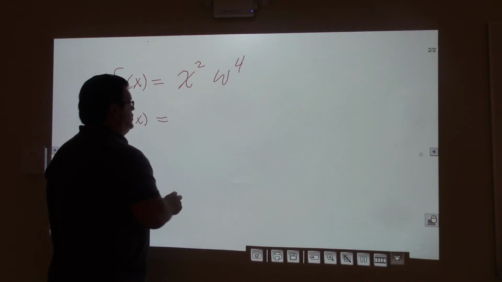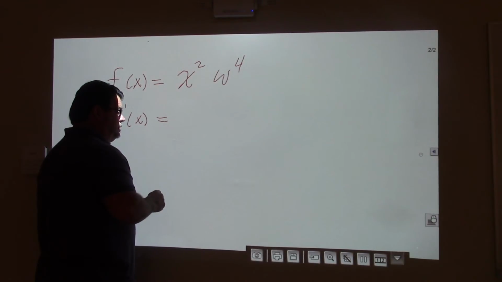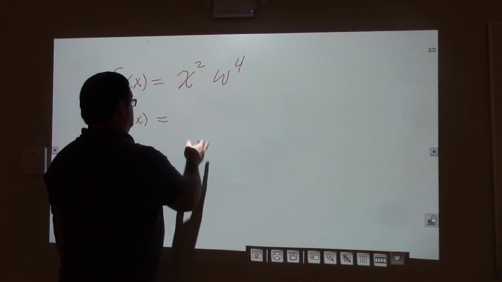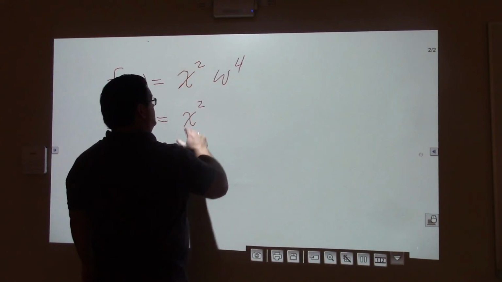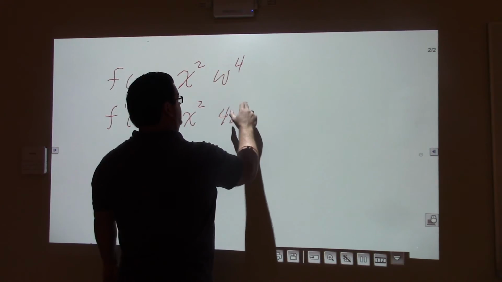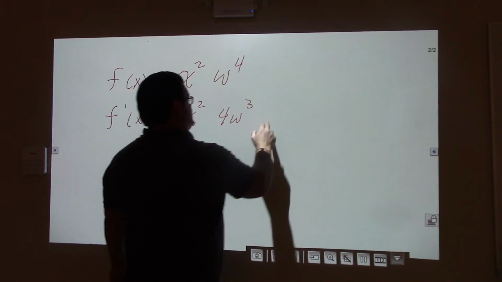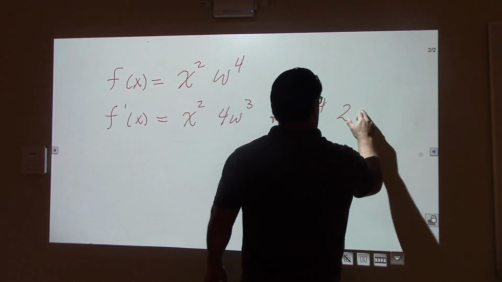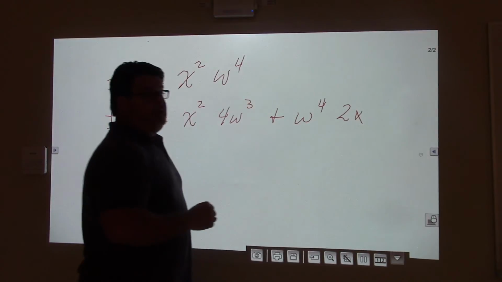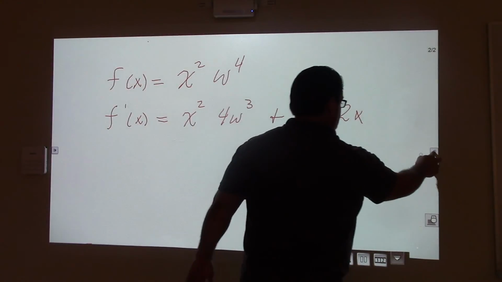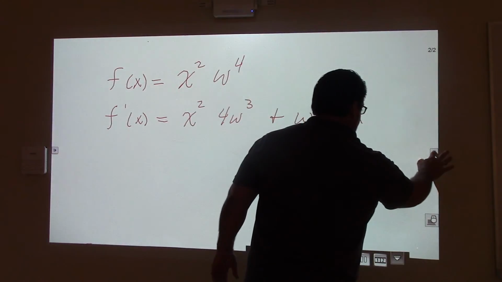What are we going to use? Product rule. No problem. First times the derivative of the second, which is 4w to the 3rd, plus the second times the derivative of the first. Everybody with me? Okay. Let's go back.